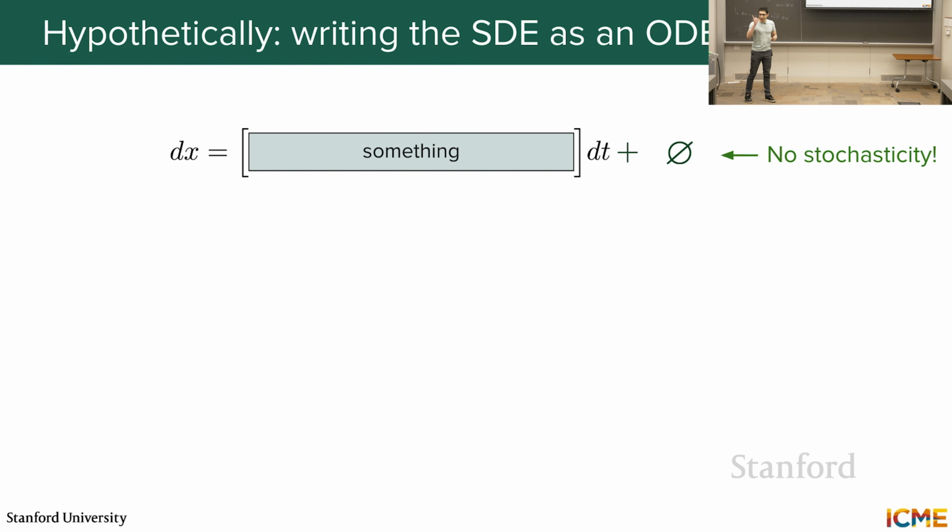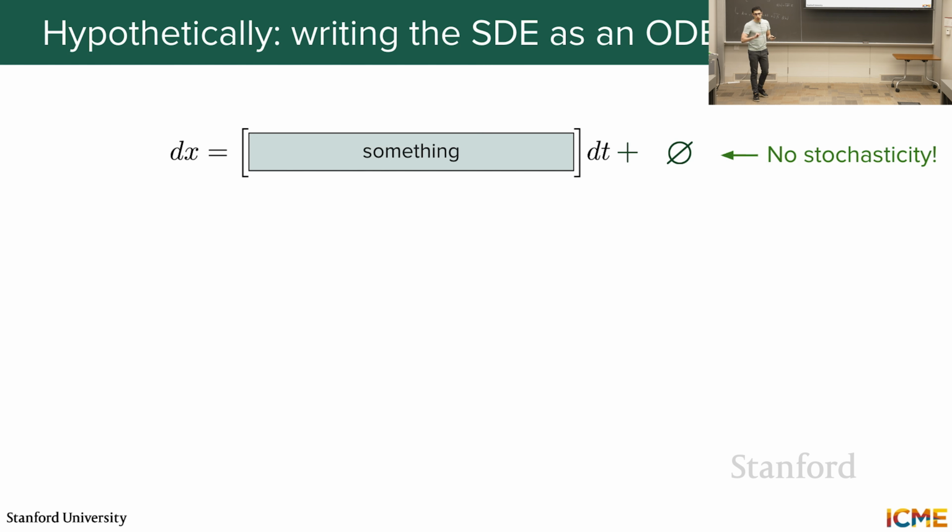So just like last week, I'm going to paint the picture of what we would like to have and see if we can get there. What would be the right counterpart of an SDE in a nicer world? It would be an ODE. The ODE does have this term on the left, but doesn't have any stochasticity.